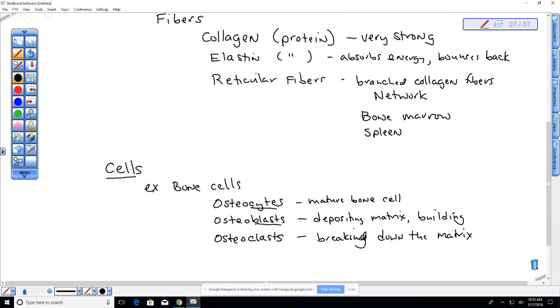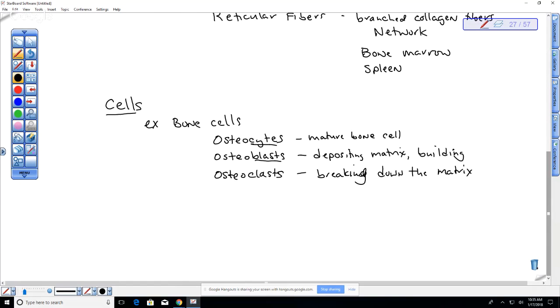And so that's why they try to exercise in space in order to keep their bone density, so that when they come back down and they step off, whatever, they don't break their bones just by stepping and using their skeleton with normal gravity. Okay. So those are examples of cells. Okay. We'll talk about the cells when we talk about the different types of connective tissue.